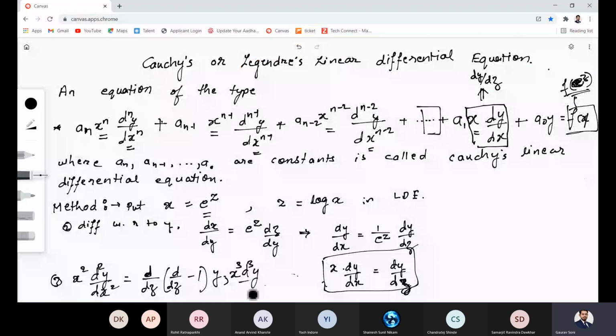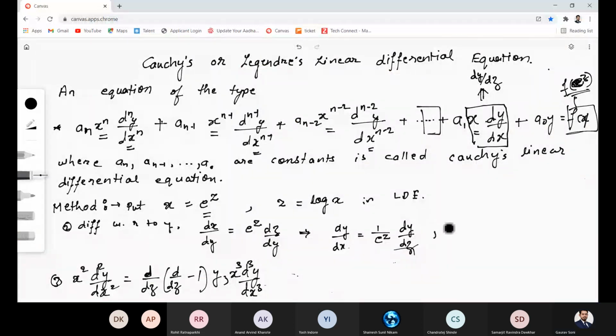I'll rub this from here and write it at this position. So x into dy by dx is equal to dy by dz. This is our substitution. Okay. So can you guess?